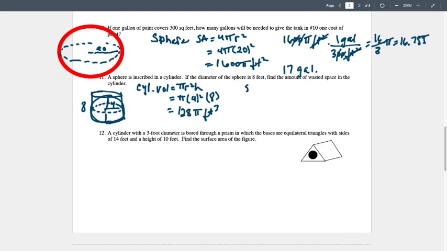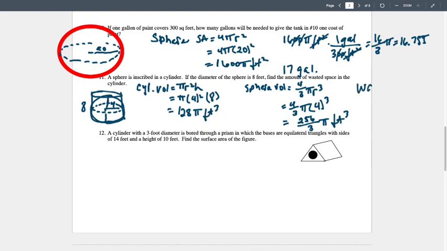All right, the sphere's volume, that formula is 4/3 pi r cubed. So you're going to do 4/3 pi. My radius is 4, so 4 cubed, which is 64, times 4, you get 256 divided by 3 pi, and then the units there are feet cubed.